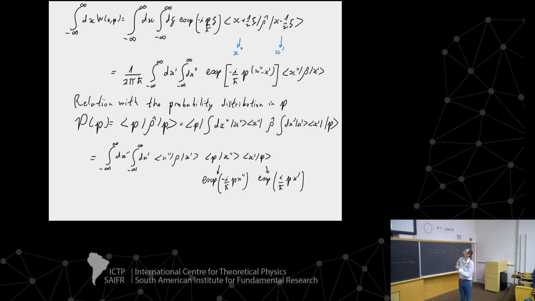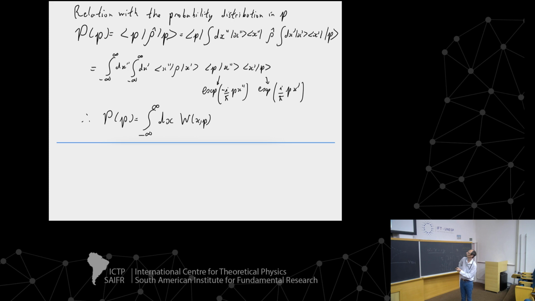Let's see now in P. If you now make the integration in X, what you get here is the projection between these two positions. So you have here the Fourier transform. And now going to the probability distribution in P, when you calculate the probability of getting P in this problem, you can see that you get basically the same thing as you have here.